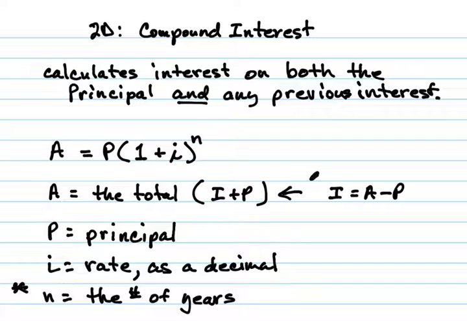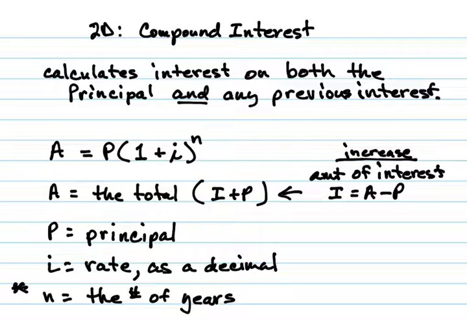And that gives you the amount of interest. So in other words, this is an increase. So it's using that difference to find the amount of increase, just like we've done on every other increase problem. Okay? So that never changes if you're looking for that little part that it went up.